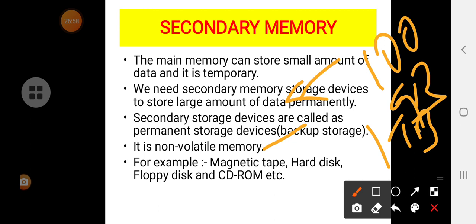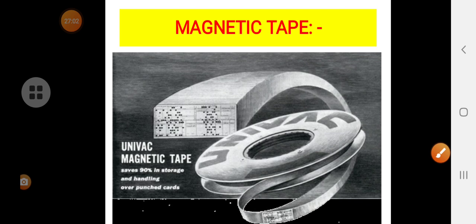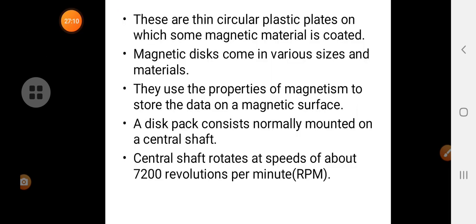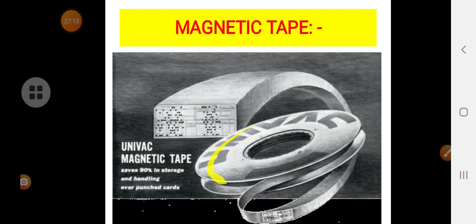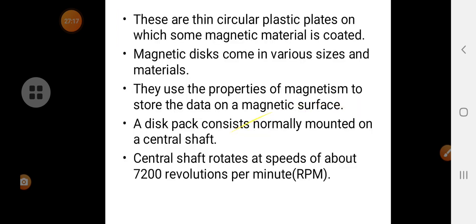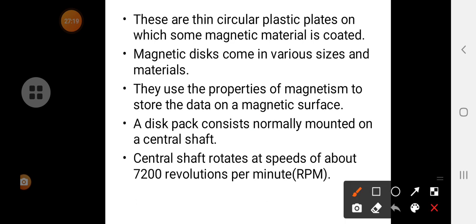Okay, so next we'll see one example of a secondary storage device. That is magnetic tape. Okay, so this is a magnetic tape. Here you can see there is a round shape. So magnetic tape is a thin circular plastic plate on which magnetic material is coated.